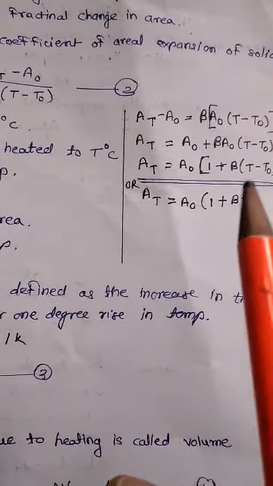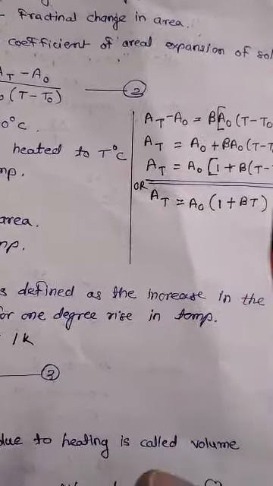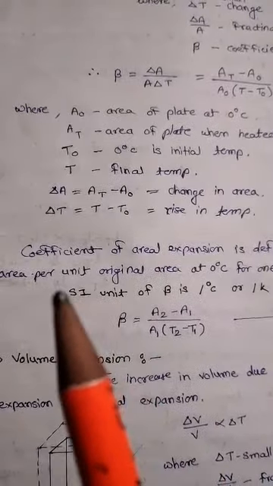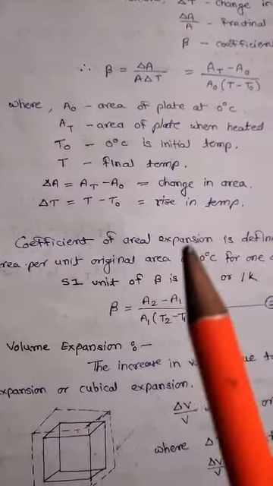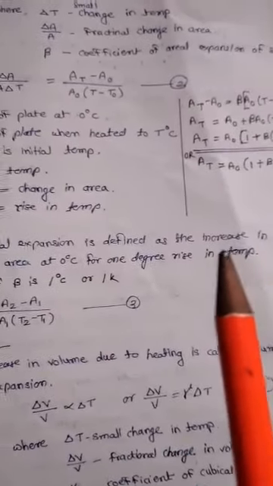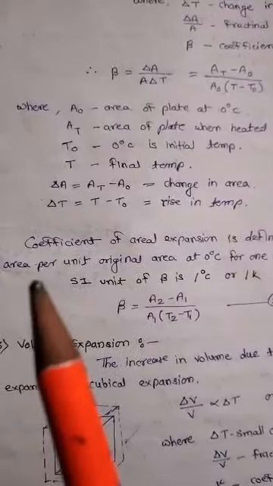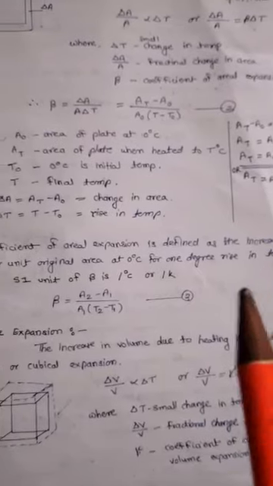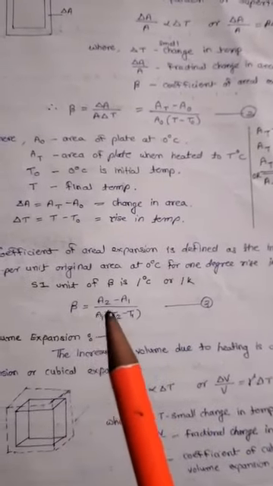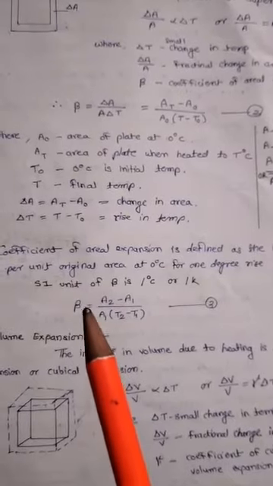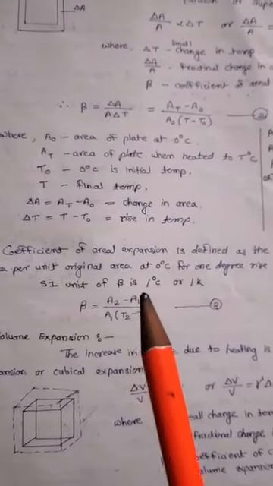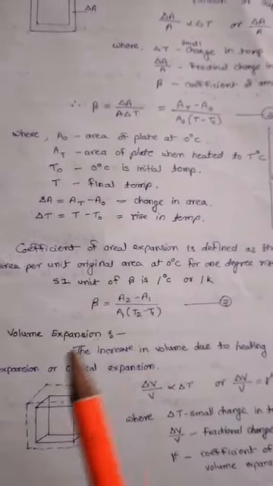Writing the change in temperature as T, we get the final formula AT is equal to A naught into 1 plus beta T. The coefficient of areal expansion is defined as the increase in area per unit original area at 0 degree Celsius for 1 degree rise in temperature. This is the formula for the coefficient of areal or superficial expansion. The SI unit is per degree Celsius or per Kelvin.